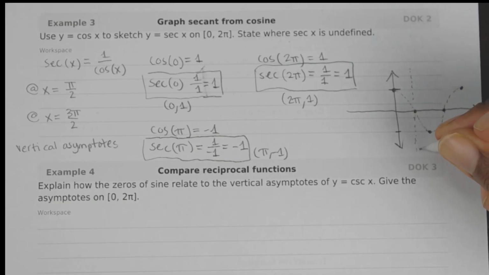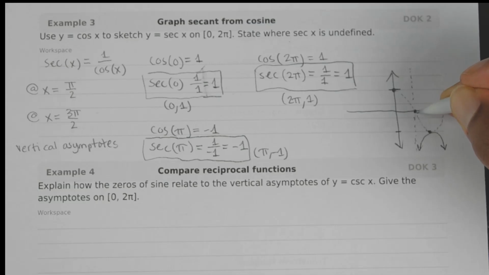The reciprocal of this graph would look like this. Likewise, when you get here, it would look similar.